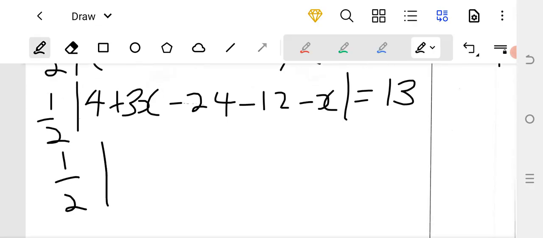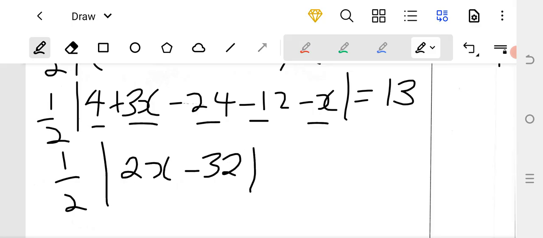So half modulus. If we simplify the x's, you are going to have a 2x. The numbers, all of them, we are going to have negative 36 plus 4 is a negative 32 is equal to 13.